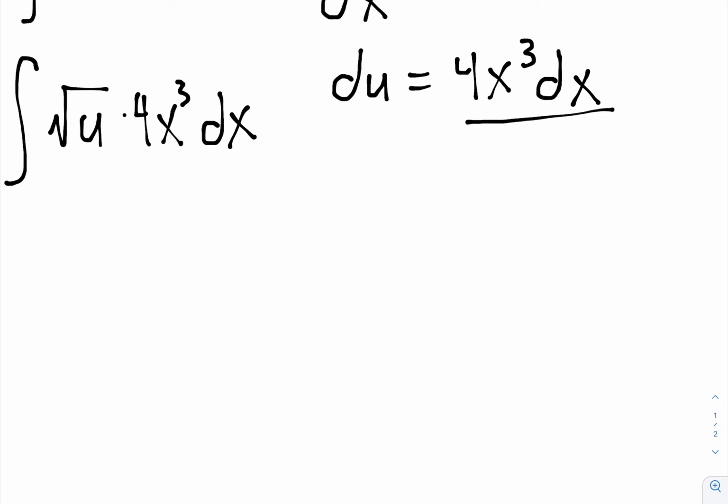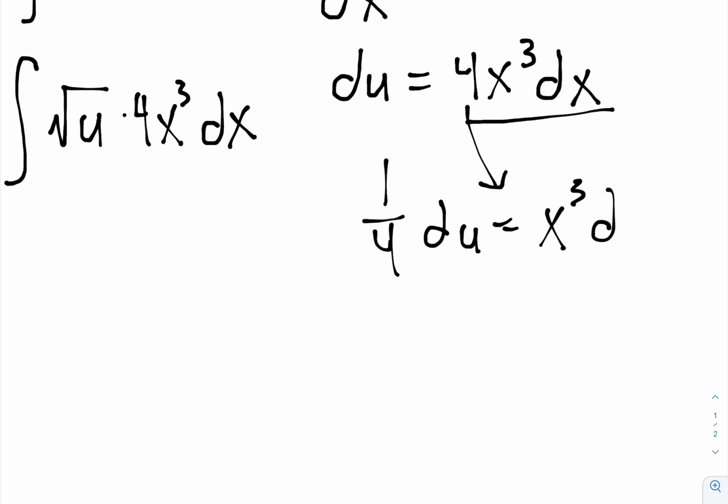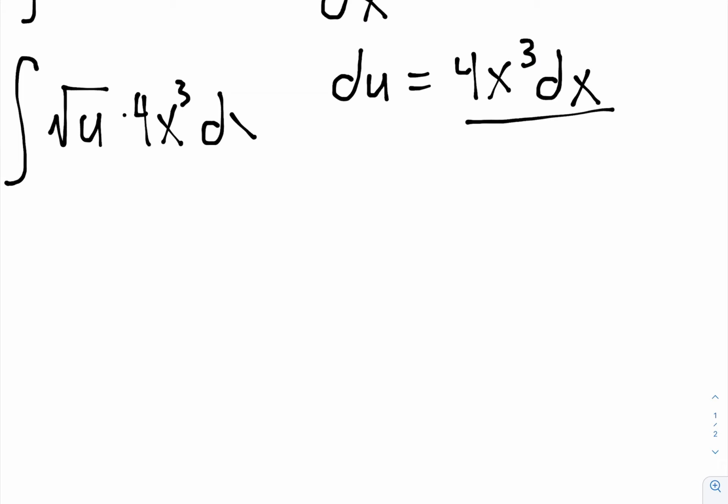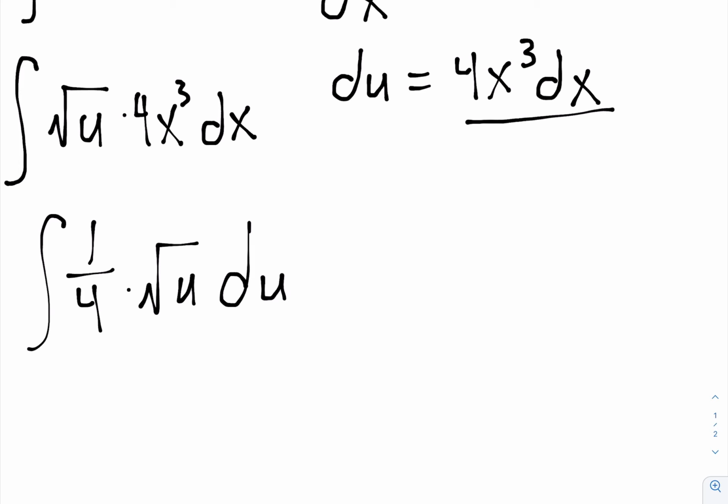Because if we had a fourth of du, this 4 up here would disappear, and we would just have x cubed dx, which is exactly what we want. So if we put in du, we got to take a fourth of the entire thing. So this is 1/4 times root u du. Okay, that's super important.